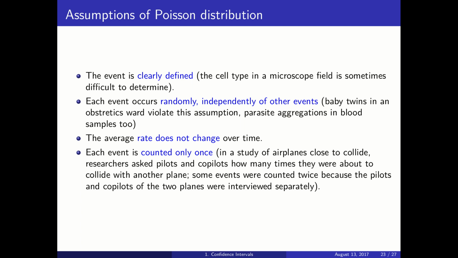So it is count data: how many times you have been close to collision. The problem was that if two planes were about to collide with each other, and just by chance you interview one of the pilots and then the other pilot, then you're counting the same event twice. And so the Poisson assumes that it is counted only once.